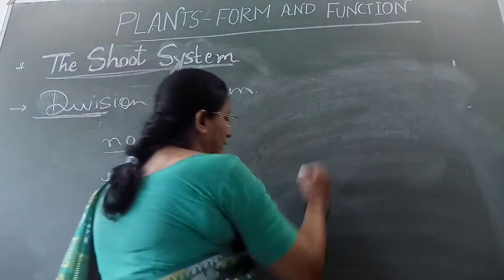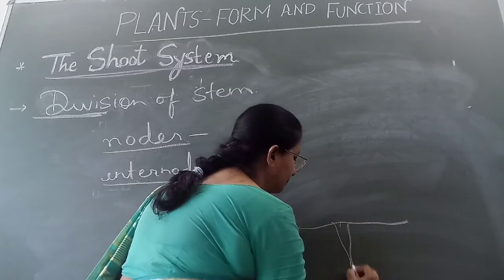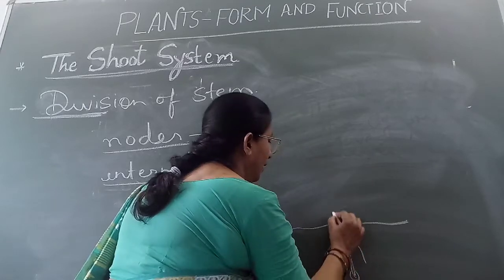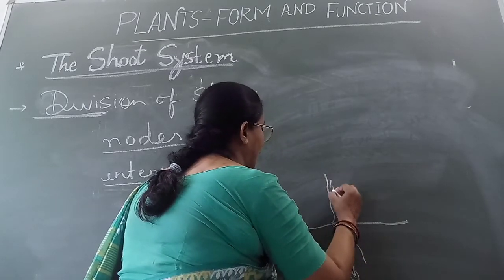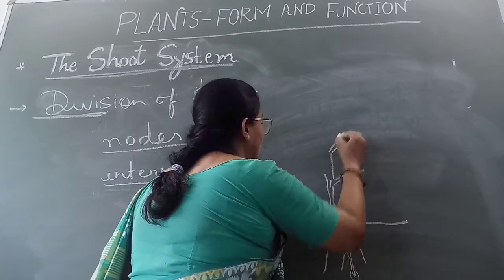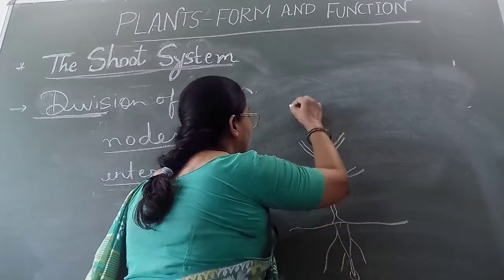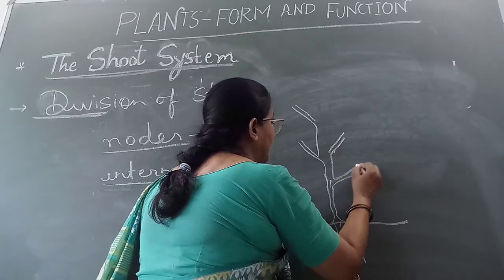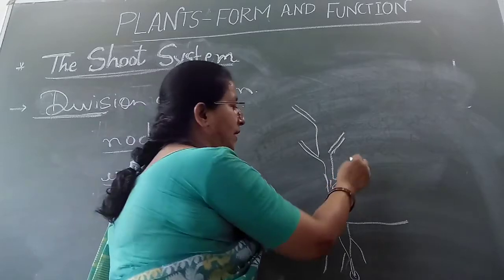As you can see in the diagram, suppose that this is a plant. Here, this one is the aerial part which is called stem. In this stem, you can see such types of branches, and these branches bear leaves, flowers, buds.